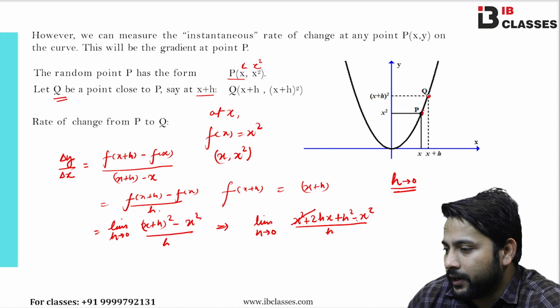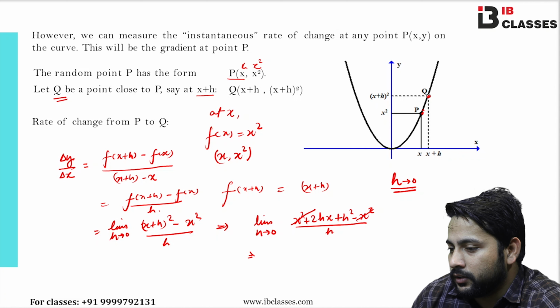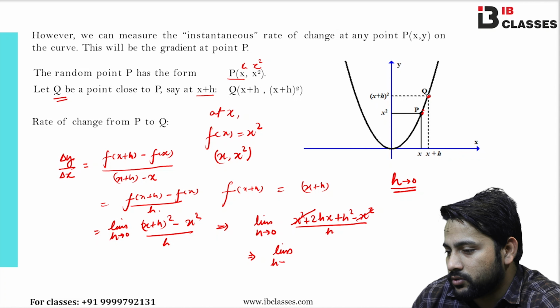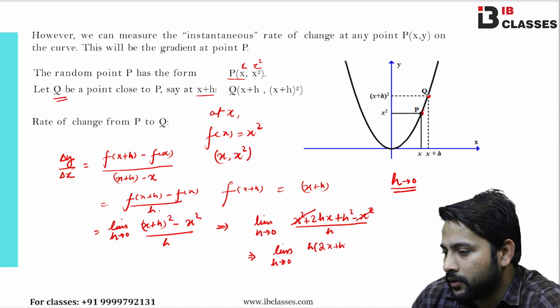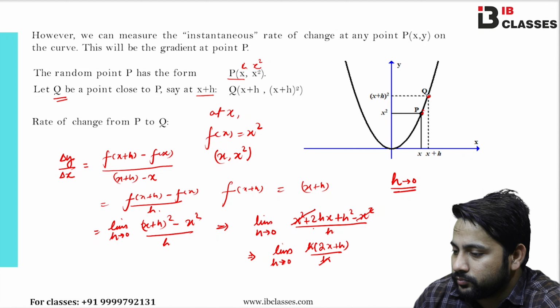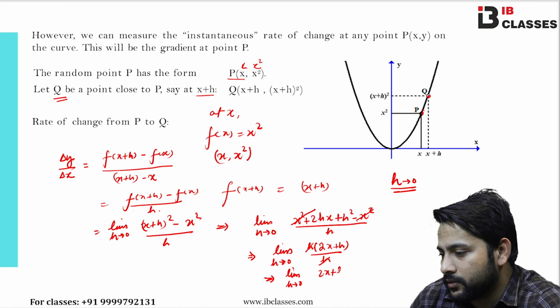X square and negative x square will cancel each other. Now, in the limit as h tends to 0, the remaining two terms in the numerator have h in common. Let's take it out, so it will be h times (2x plus h) over h. Cancelling the h, we now have the expression limit as h tends to 0 of 2x plus h.